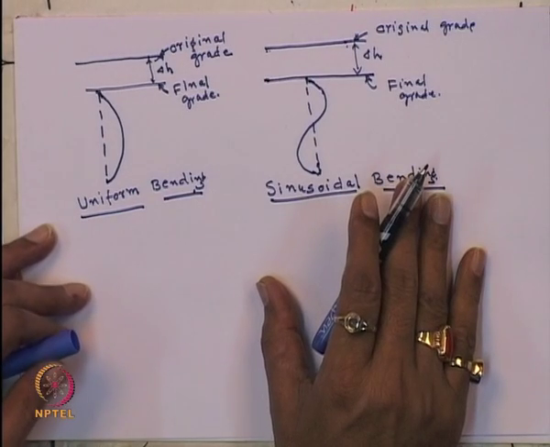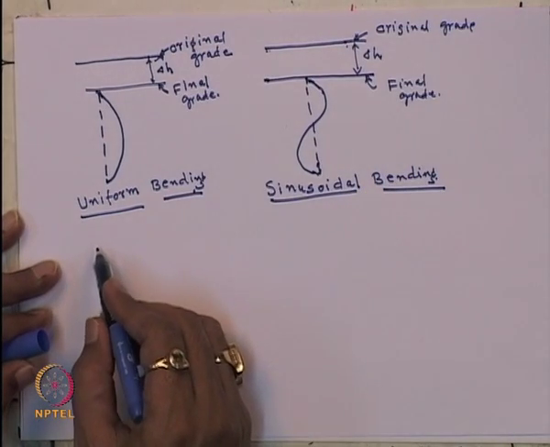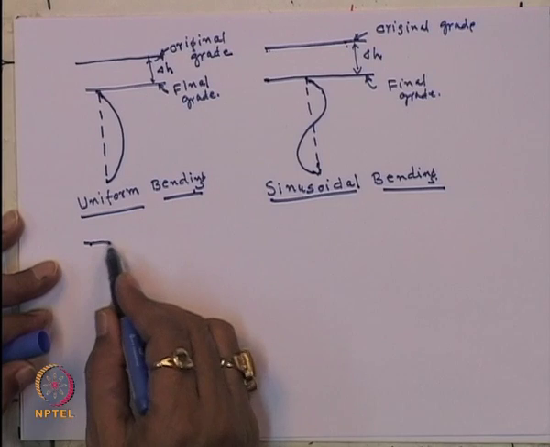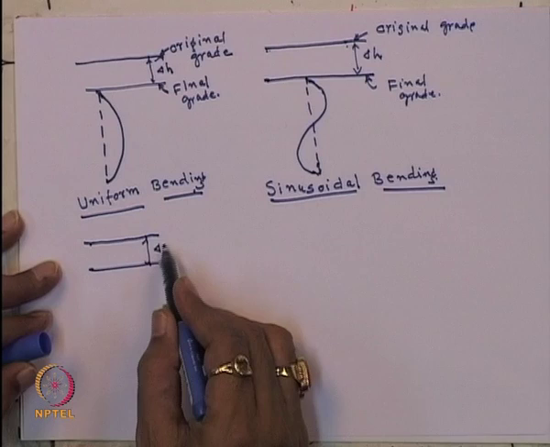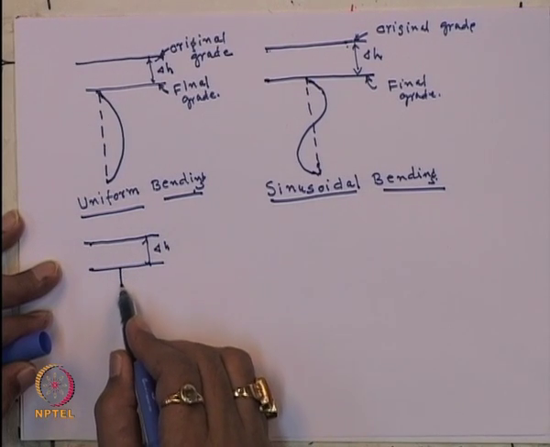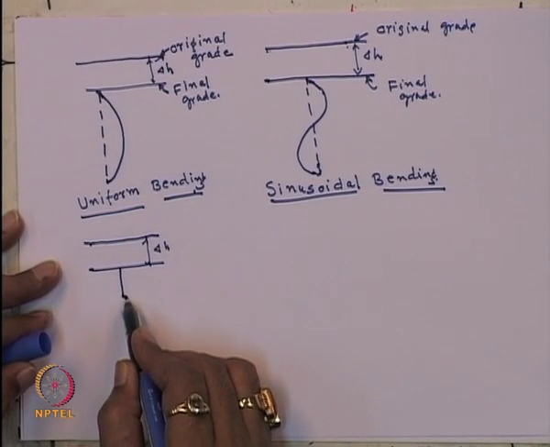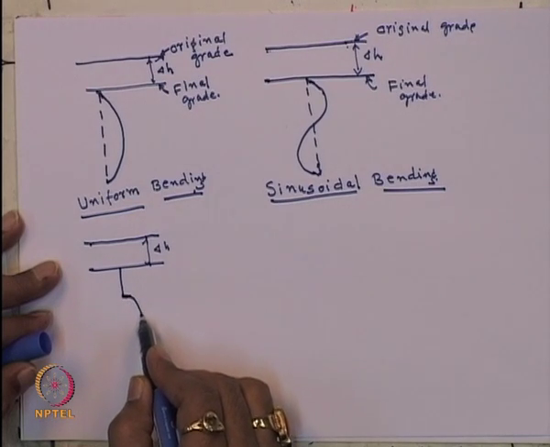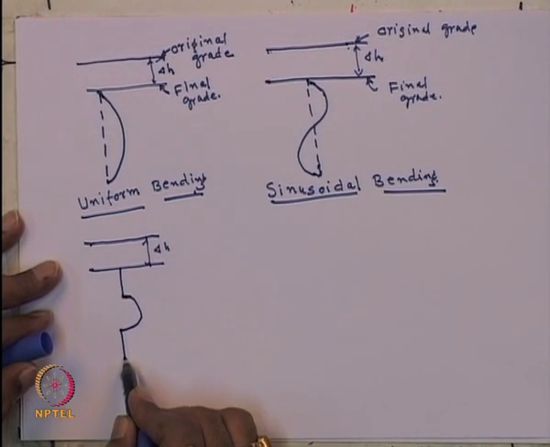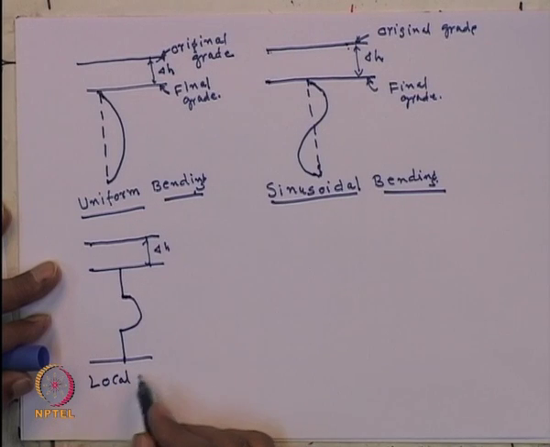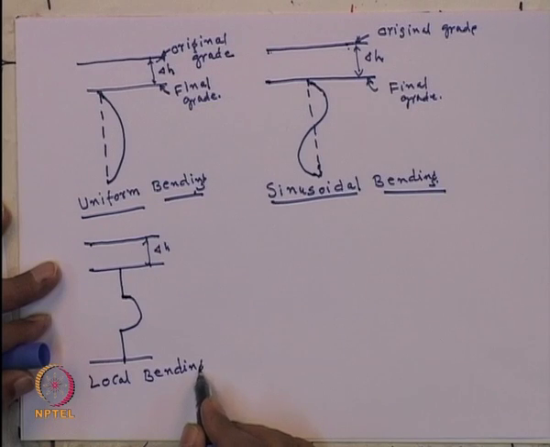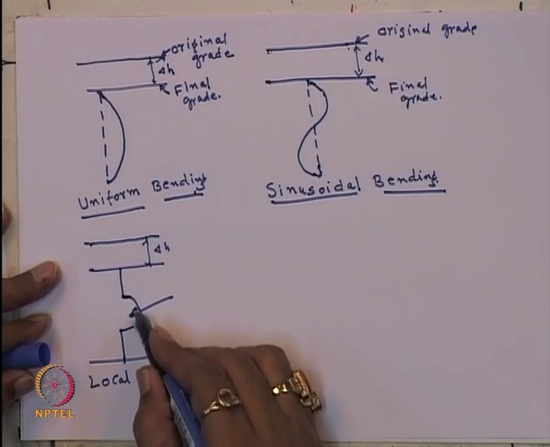Or it may be, let us say this is delta H, and this drain may be like this, or what you call local bending. This may be the local bending, and this is the weak zone.